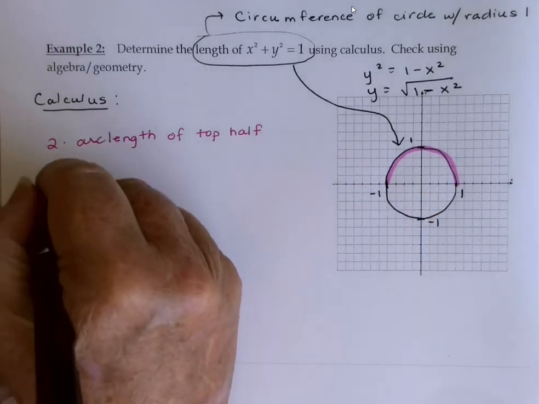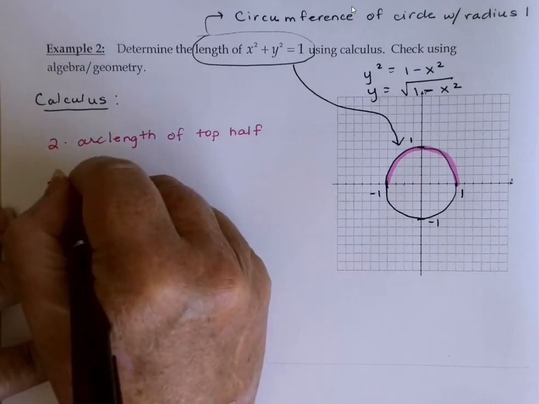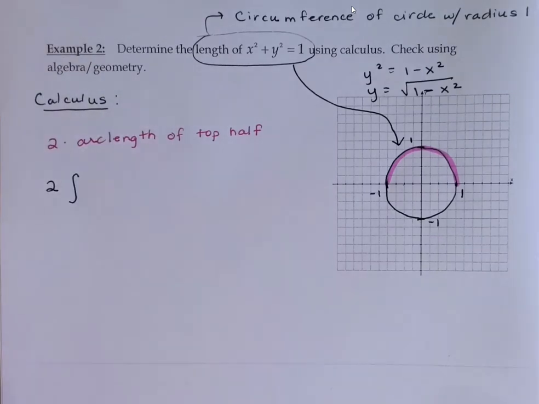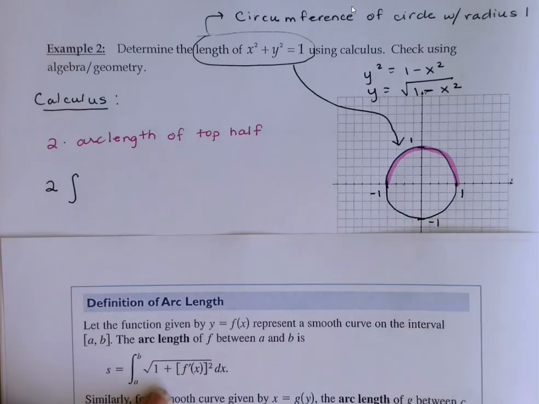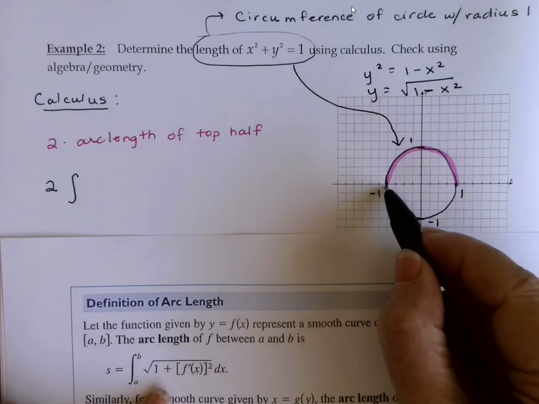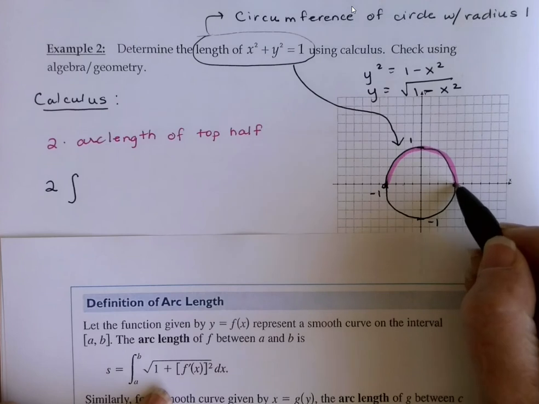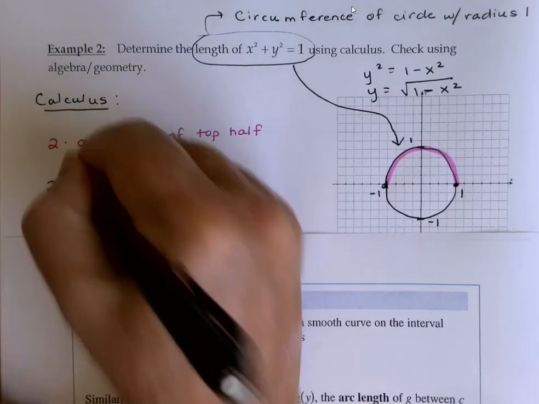All right, so I'm going to have 2 times the integral of, and now I'm just using my arc length formula right here, this one. My limits of integration would be from x equals -1 to x equals +1.